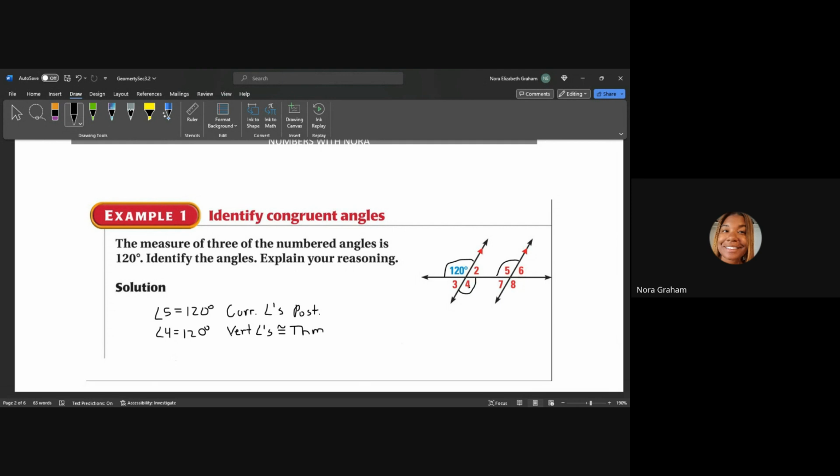Then I can also notice with this angle 4 and this angle 8, that's another pair of corresponding angles, right? Since we already stated that angle 4 is equal to 120 degrees by the vertical angles congruence theorem, we can also say that angle 8 is equal to 120 degrees.